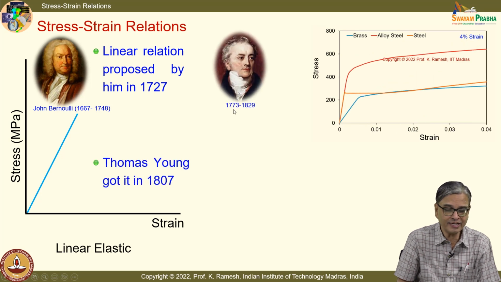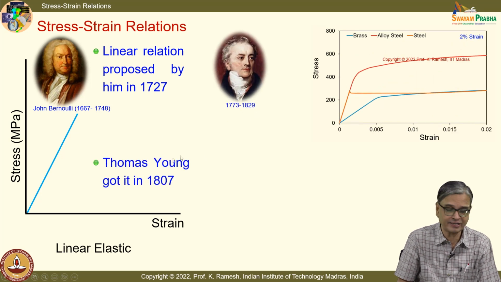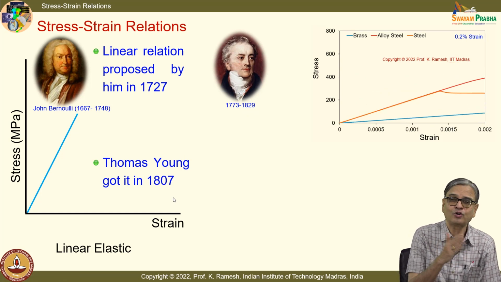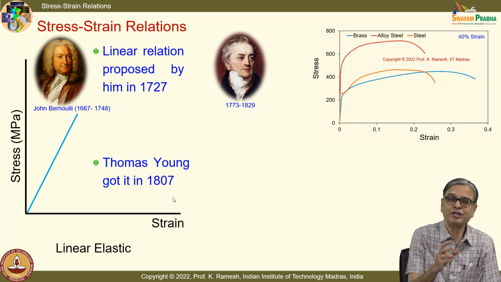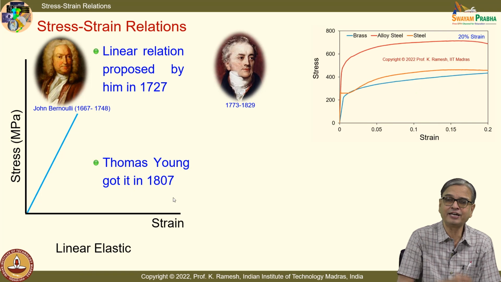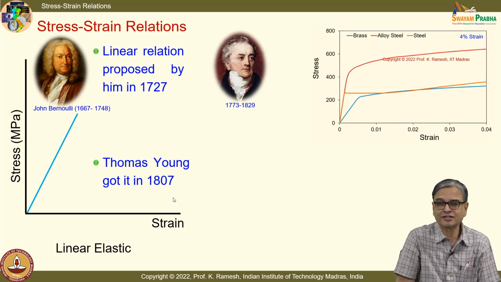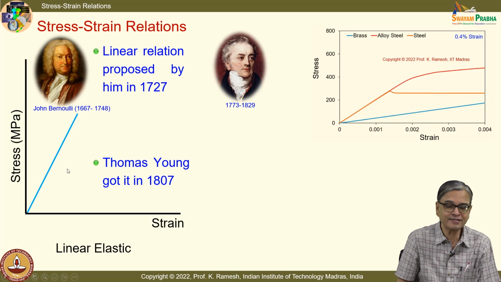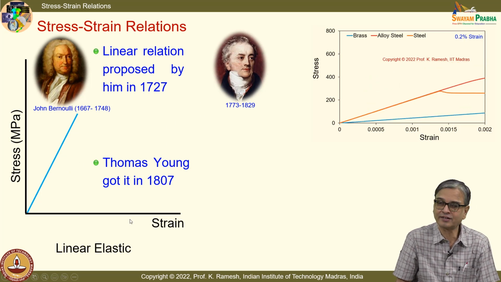Thomas Young lived only between 1773 and 1829. He got this only in 1807. I do not know how the labeling of some of these and giving the credit to the scientist operates. Whatever the case, this is known as Young's modulus in his honor.